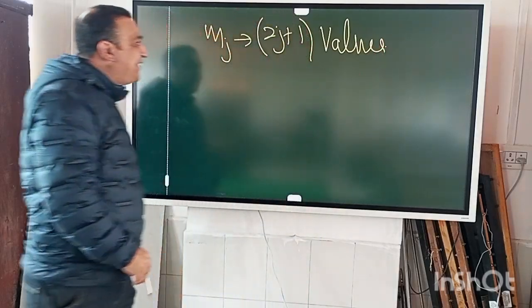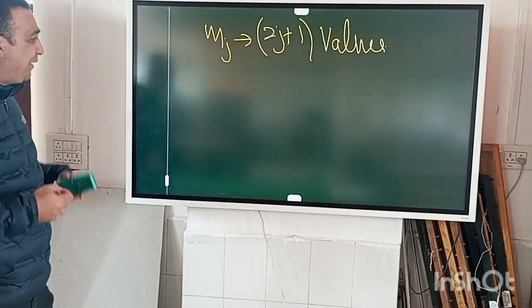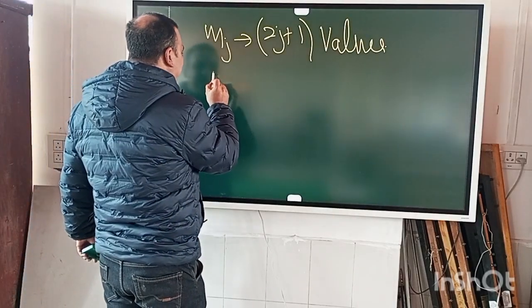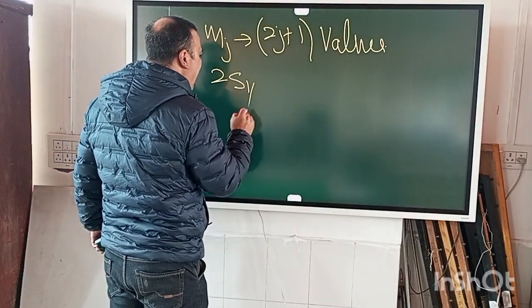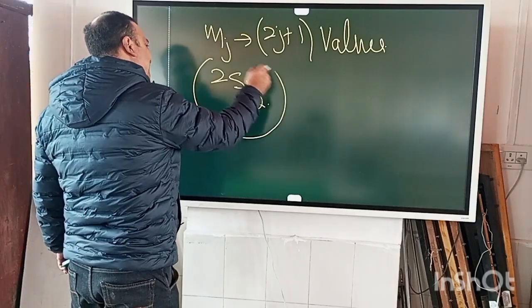And if I have to write down this silver atom spectroscopically, we can write it as 2S1/2. So what does this spectroscopic term mean?